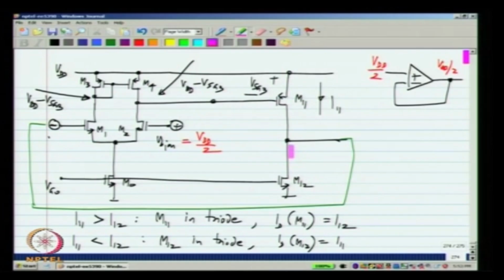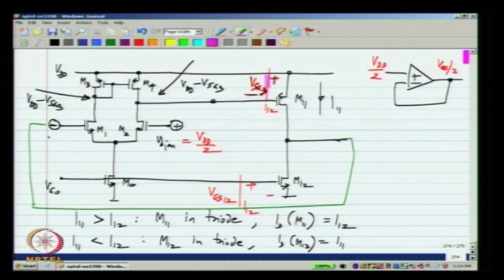Now, if the two transistors are in saturation region and their currents are equal, the voltage here will be VGS12, that is required for a current of I12, and the voltage here will be VSG3, that is required for a current of I12.